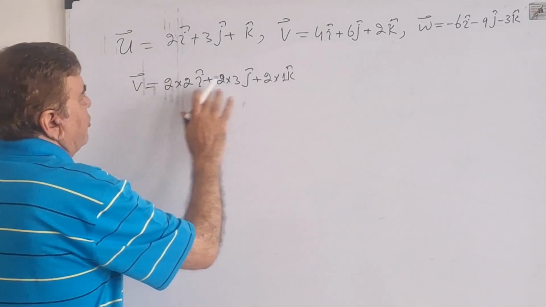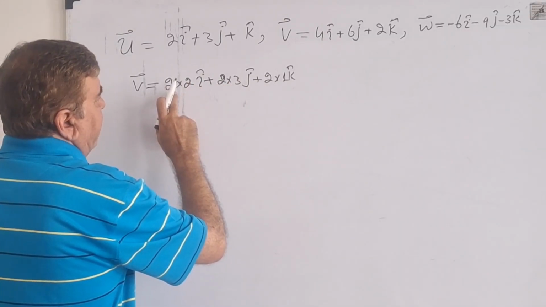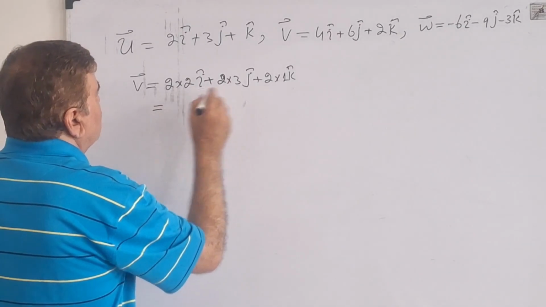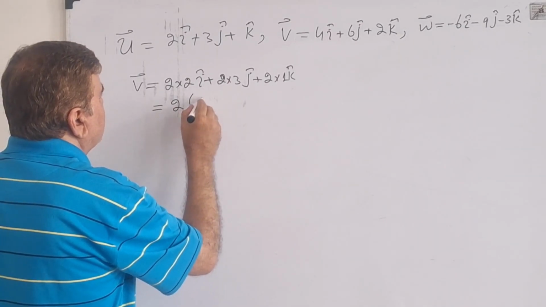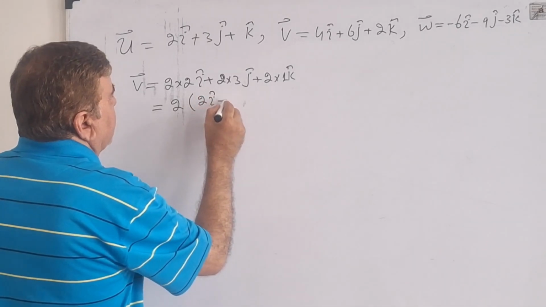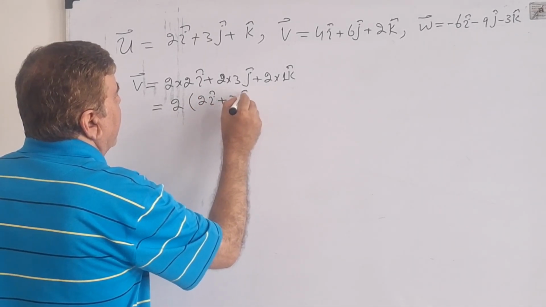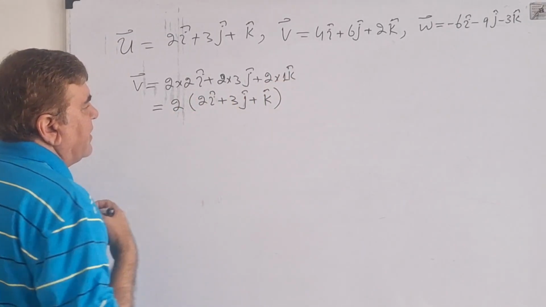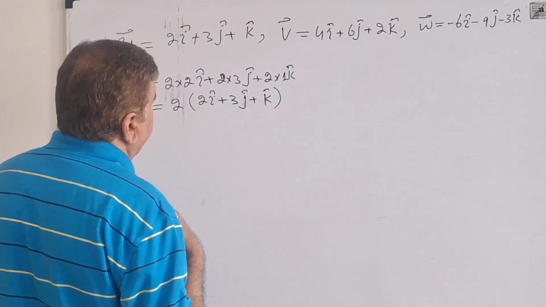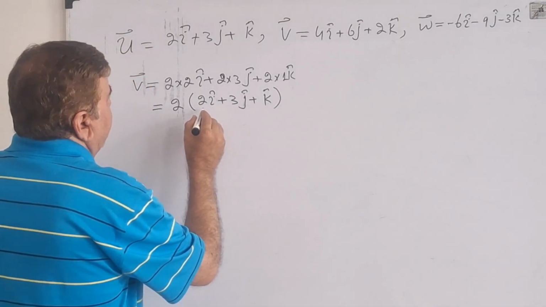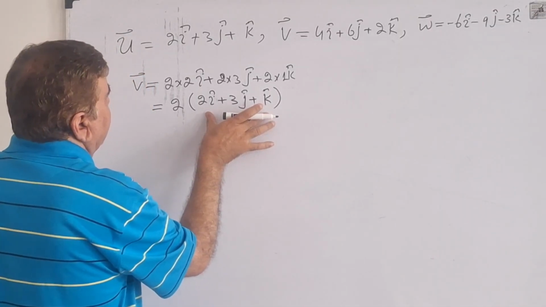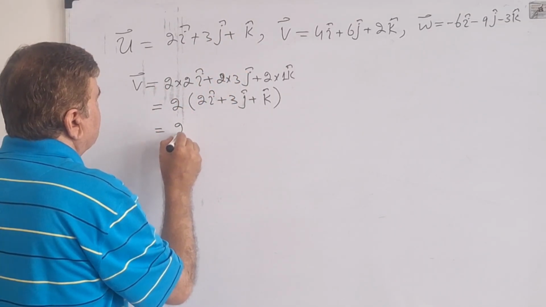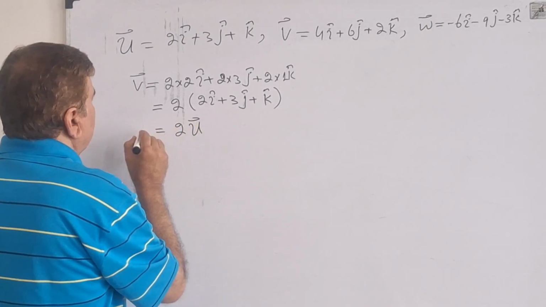And now each term on the right is a factor of 2, so I can take 2 common from each of them to write them as 2 times (i plus 3j plus k). I'm not writing that one because that is a multiplicative identity. So if I compare this result in the parentheses, this is exactly the value of vector u. That means I can write vector v as twice of vector u.